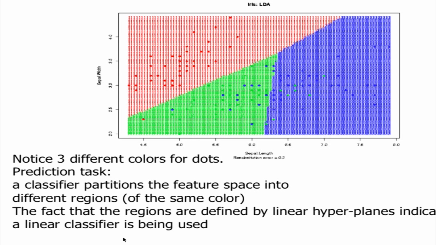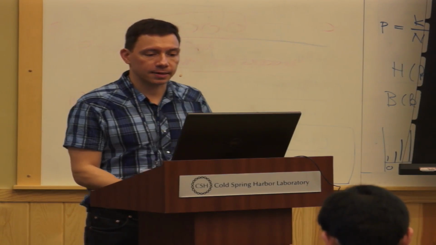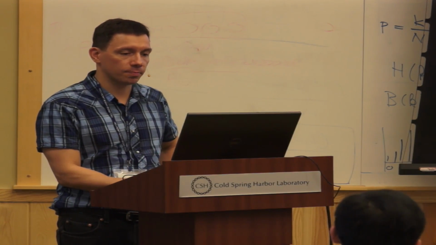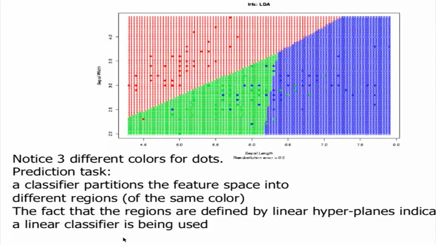So imagine somebody comes with a new flower to you and says, I actually don't know what kind of iris it is, but what I know is the sepal length and the sepal width. Well, in this case, you would just see in which region the new observation falls. And let's say the sepal length and the sepal width mean that it falls into this blue region. Then you say, okay, this is a blue iris, you know. So that's how the prediction works.